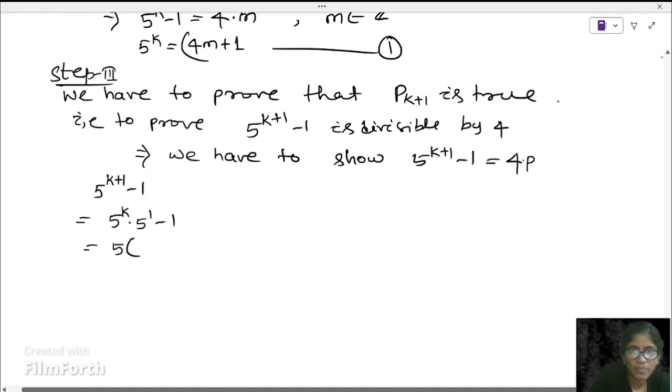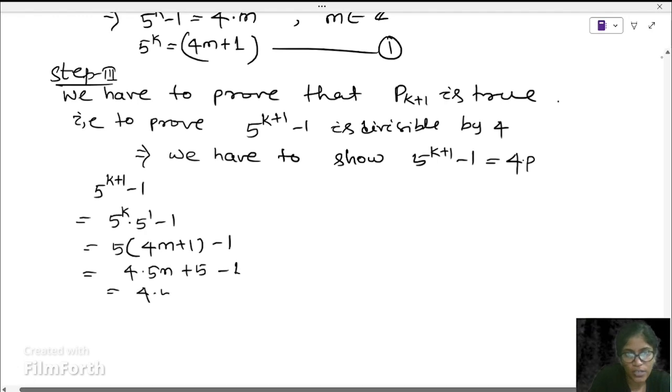In place of 5 to the power k, we can write 4m plus 1, so this equals 5 into (4m plus 1) minus 1, which equals 4 into 5m plus 4.